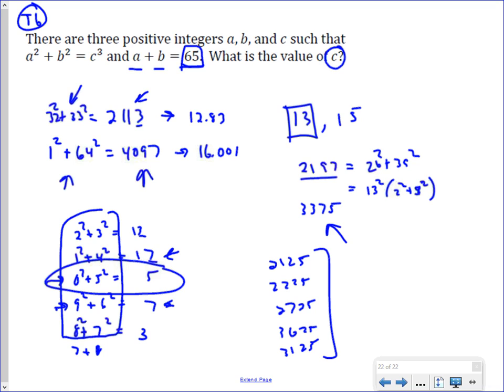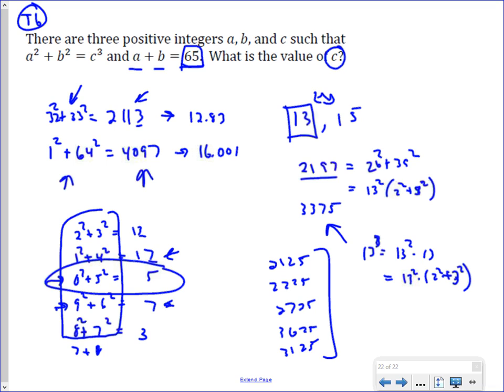Once you knew that the answers were these two, that might have been a good idea to think about, well, what's 13 cubed? 13 cubed is equal to 13 squared times 13, but 13 squared times 13 is equal to 13 squared times 2 squared plus 3 squared, which shows you that the answer is 26 squared plus 39 squared.